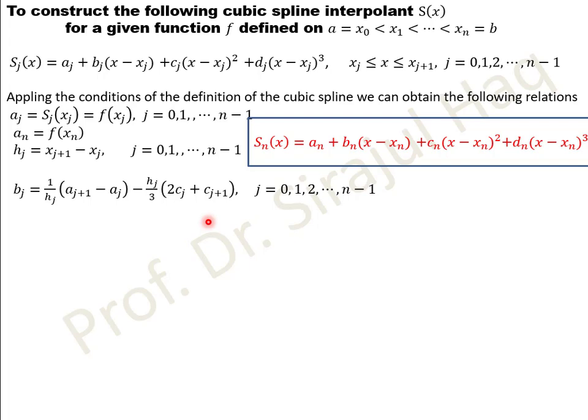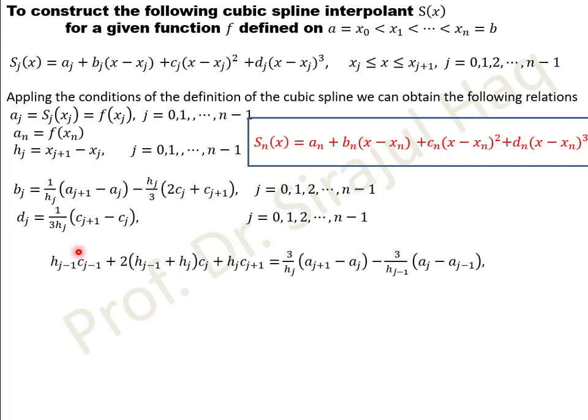But my target is how to apply these equations. Remember, these equations come from the conditions of the definition which we discussed last time. Similarly, the value of dj can be expressed in this form. Again, it can be found over there. This is the main equation.